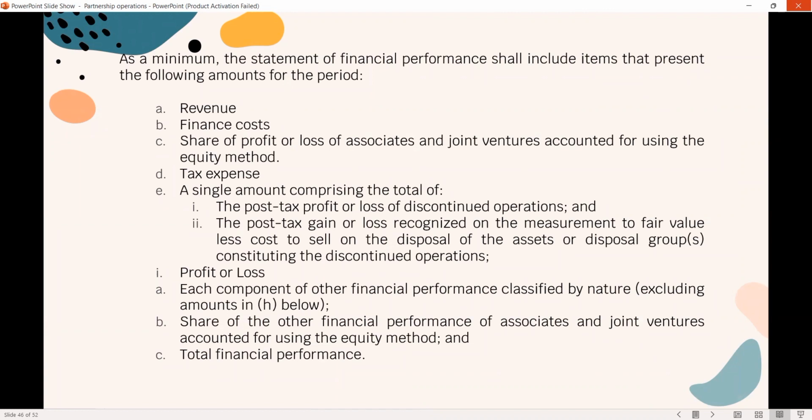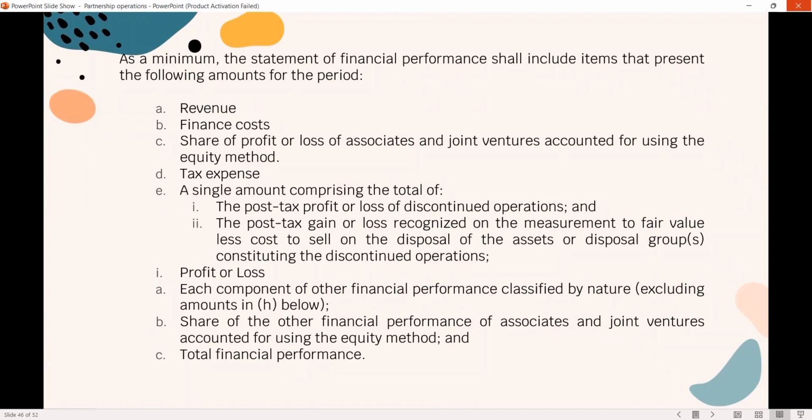Next is the tax expense, a single amount comprising the total of post-tax profit or loss of the discontinued operation, and the post-tax gain or loss recognized on the measurement to fair value less cost to sell on the disposal of the assets or disposal groups constituting the discontinued operations. Next is the profit or loss.